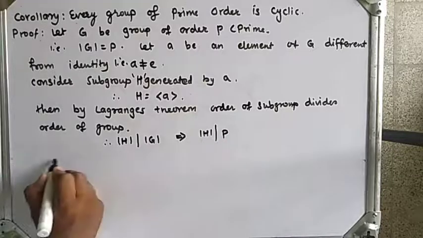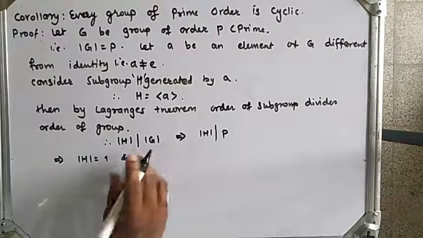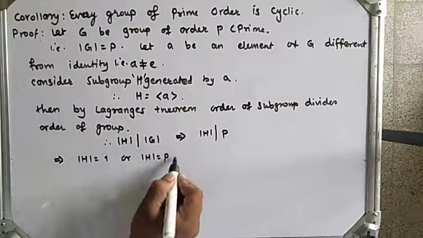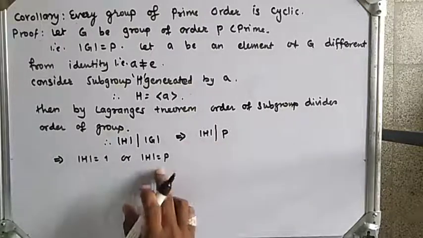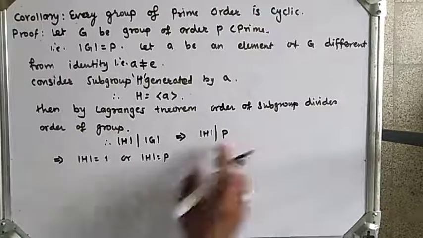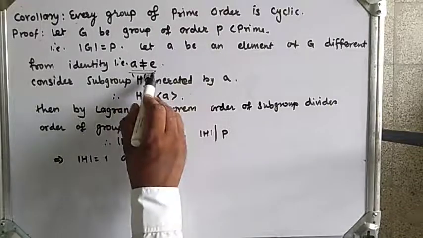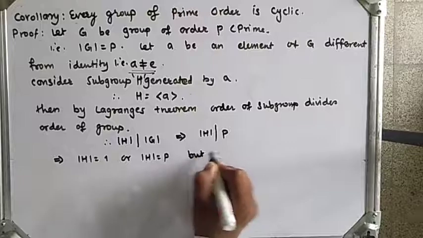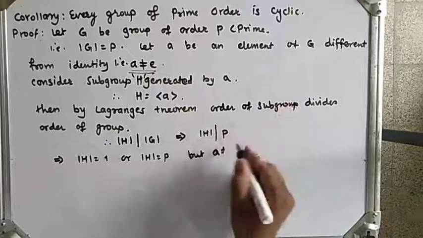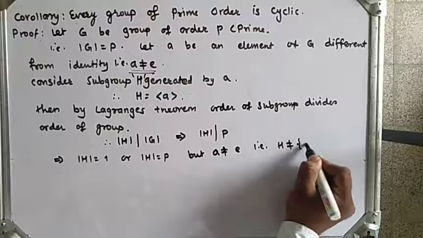So the order of H is equal to 1 or the order of H is equal to P. But we have taken A not equal to identity, which means H is not equal to the singleton identity.